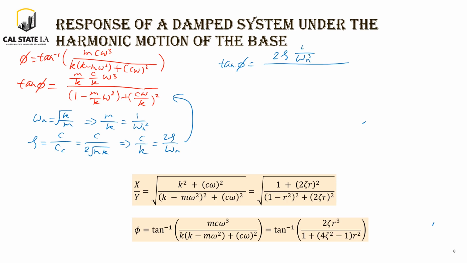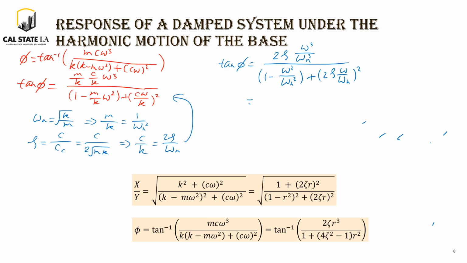At the same time, we have omega cubed inherited from the previous equation. And in the denominator, we have 1 minus m over k, that is 1 over omega n squared, so that becomes omega squared over omega n squared, plus c over k times omega. So c over k, that is 2 zeta over omega n, so that becomes 2 zeta times omega over omega n squared.